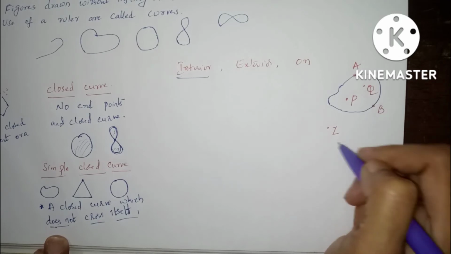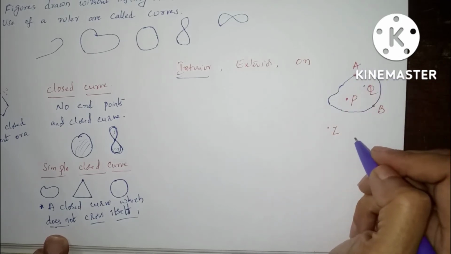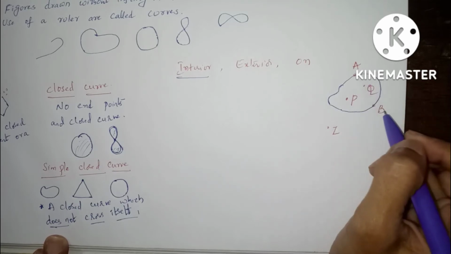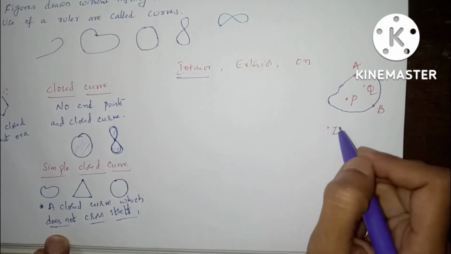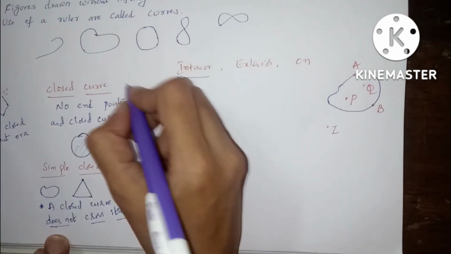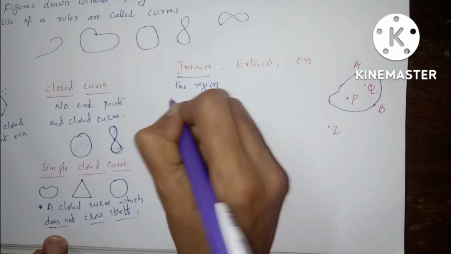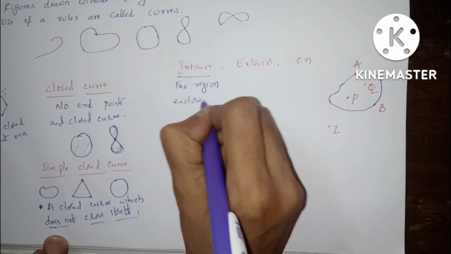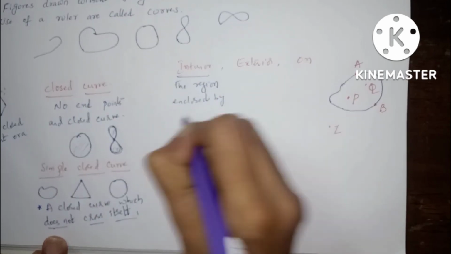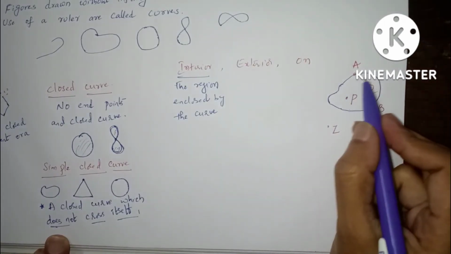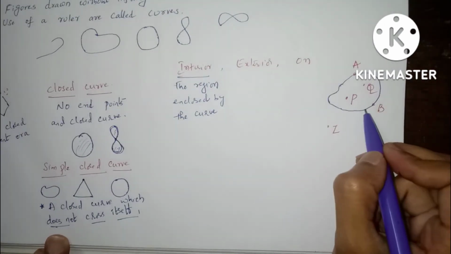The points which are outside the curve are called exterior points. The points which are lying on the curve are called points on the curve. So what is the interior here? The region enclosed by the curve.